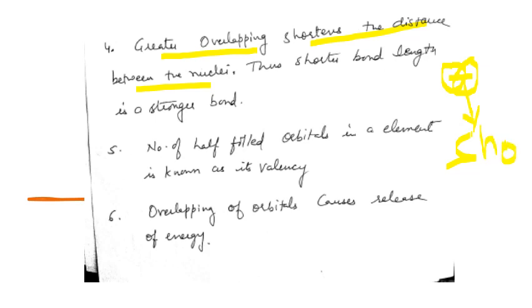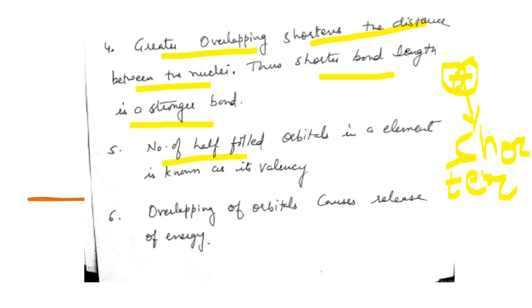If the bond length is shorter, it means the bond is stronger. This is how the strength is understood in the VBT theory. So a shorter bond length gives us a stronger bond.